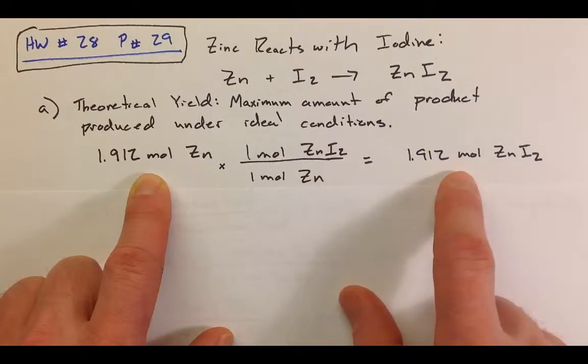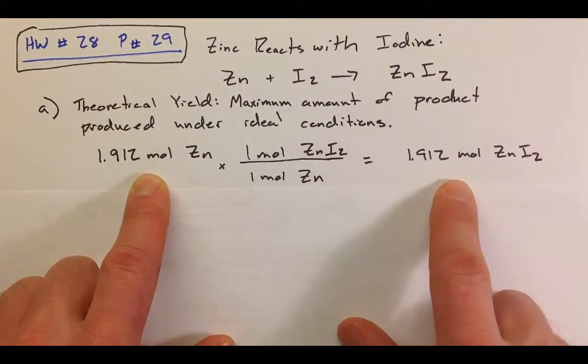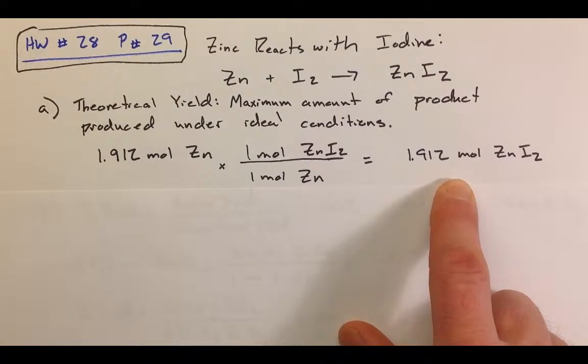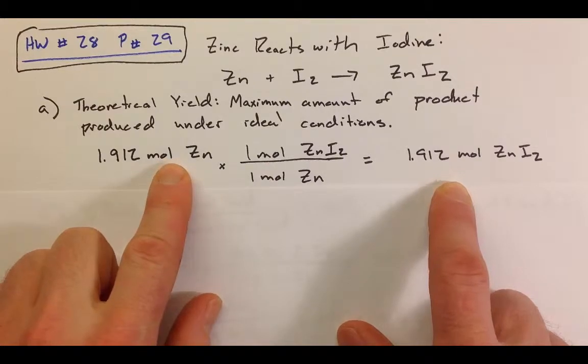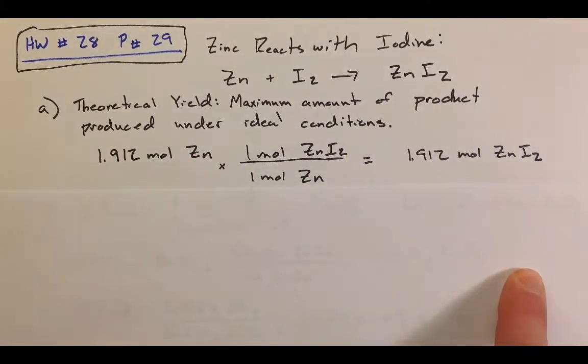According to my calculation here, the maximum amount of zinc iodide I could get out of this reaction would be 1.91 moles. Notice my moles of zinc cancel out here, and I get the product that I want. That would be the theoretical yield, which is what Part A was asking us for.